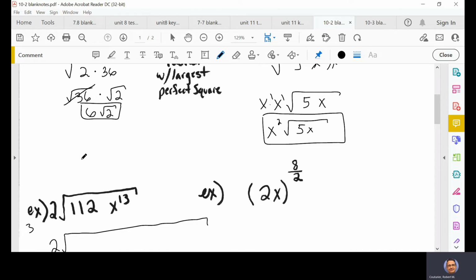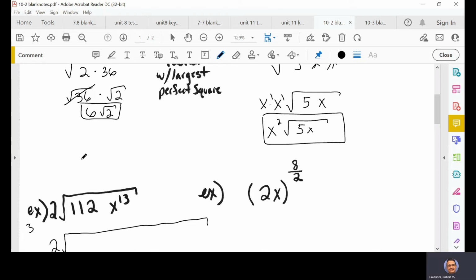So again, you're just using your calculator and dividing by the list of perfect squares. 112, 81. Nope, that's not enough. 112 divided by 64. Nope, that doesn't work. 112 divided by 49.